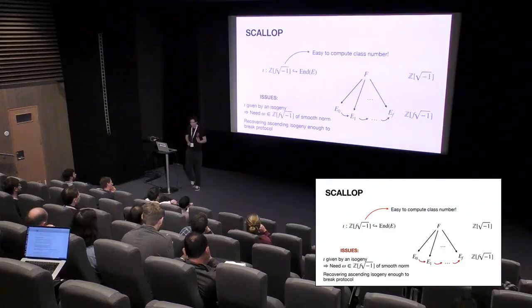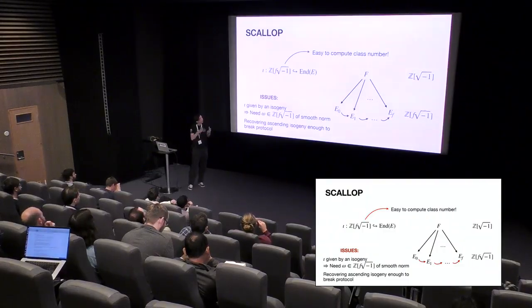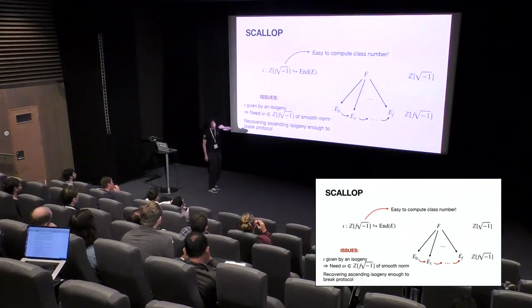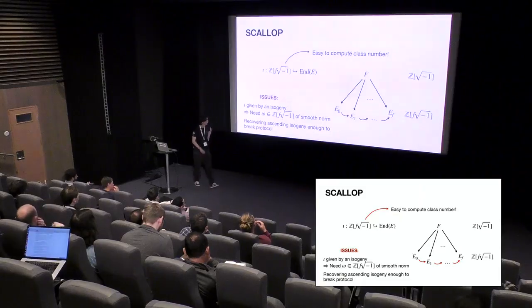And that's what SCALLOP indeed does. Now you have a setting where you actually can compute the class number, even for higher parameters. So that's good, you can repeat the SeaFish construction. But there are a couple of issues.